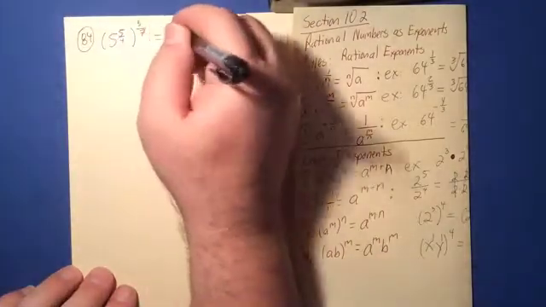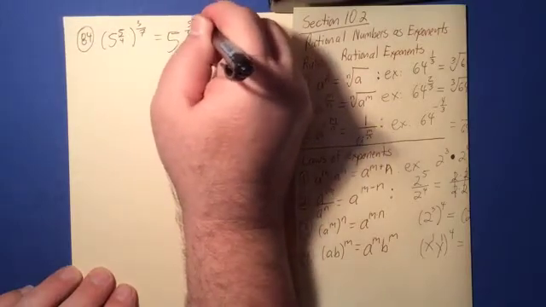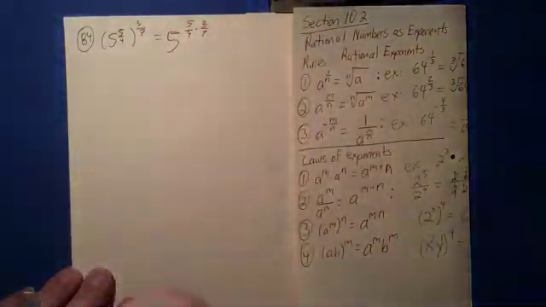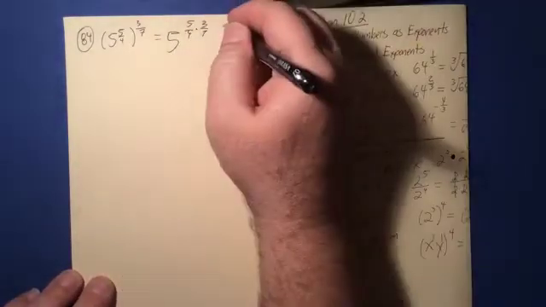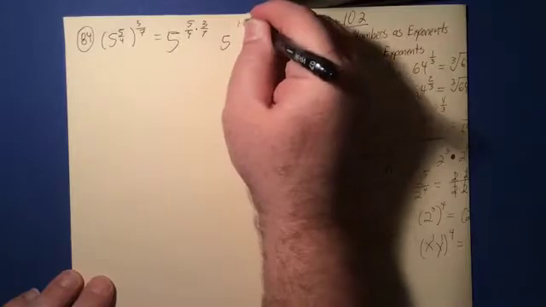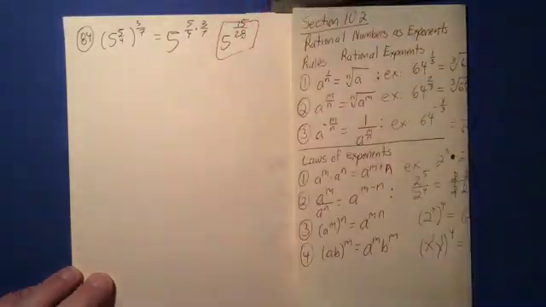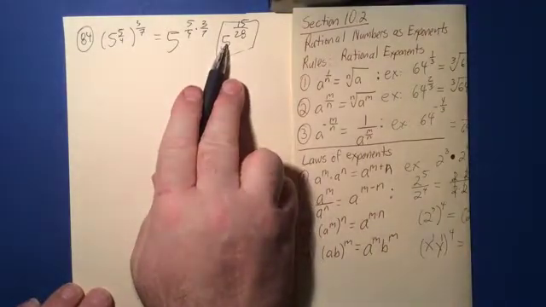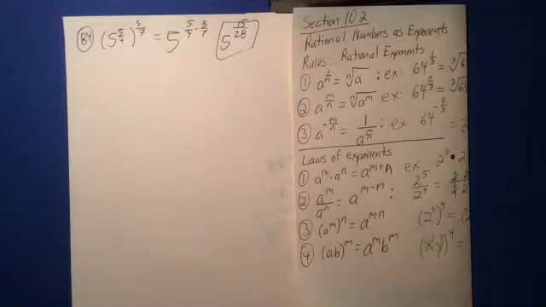So this is going to work out to be 5 to the 5/4 times 3/7. And nothing simplifies at all nicely here. So 5 times 3 is going to give us 5 to the 15/28. And again, we're just trying to get something in simplified form with the exponent. So it's 5 to the 15/28.